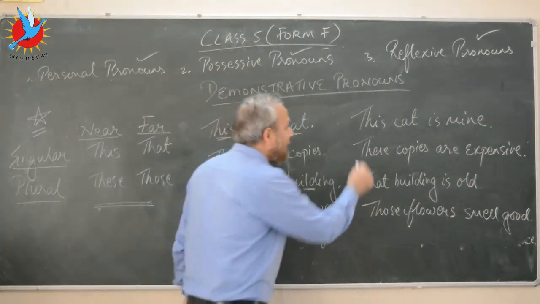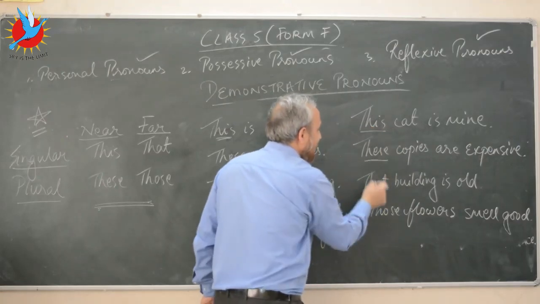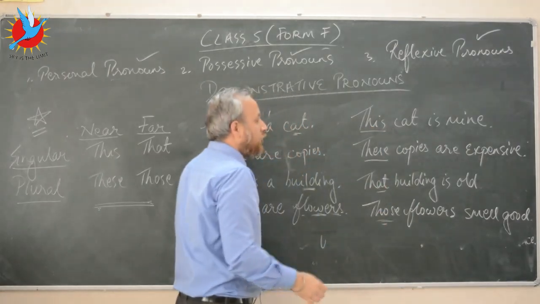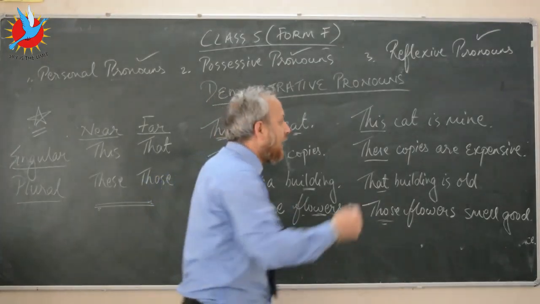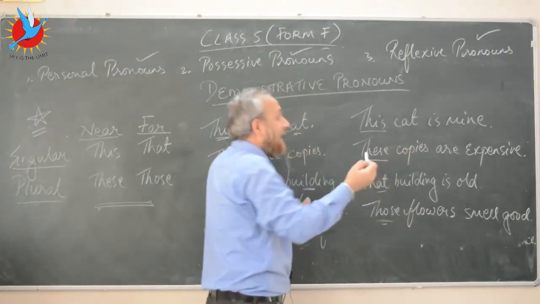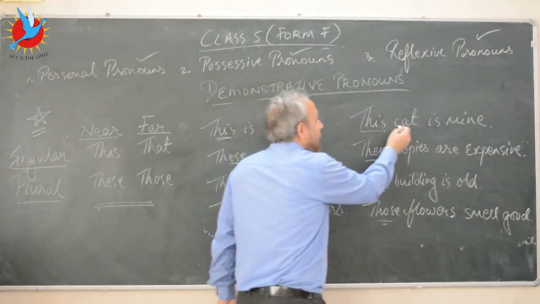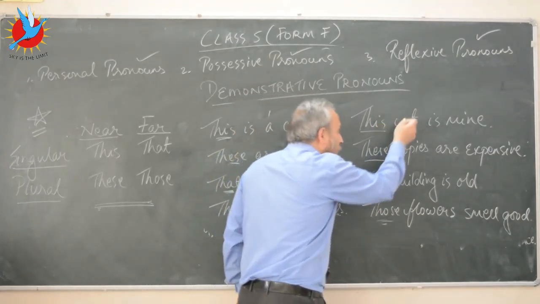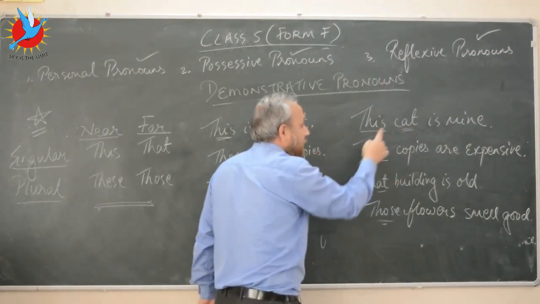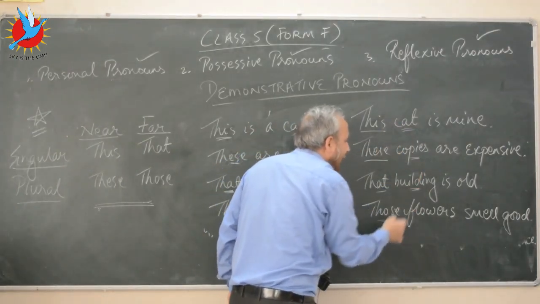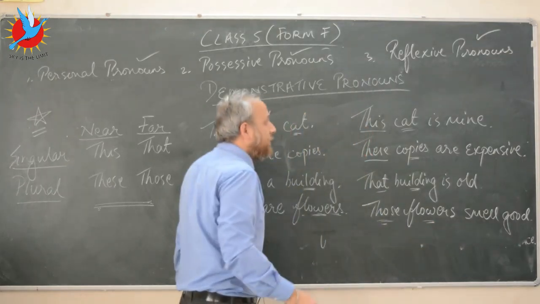If you look at this, this, these, that and those, the forms are the same, in the sense the spelling is the same, we've not added anything. But what follows these demonstratives here are nouns. So this cat, these copies, that building, and those flowers.